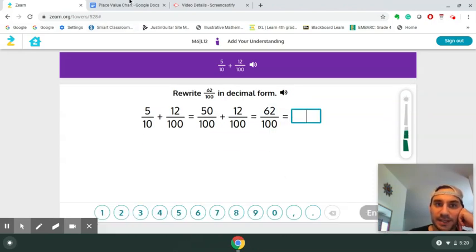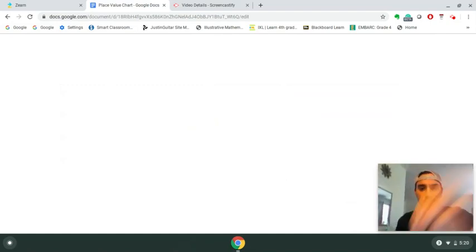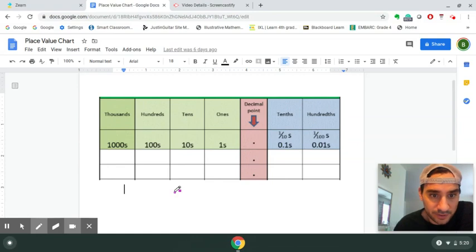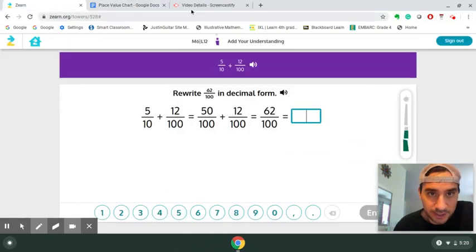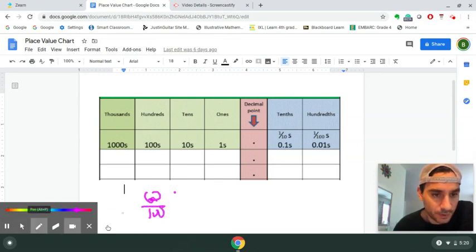Okay, I want to write this in decimal form. Let's use our place value chart just so we can continue to get acquainted with it. All right, we have, let's double check, 62 hundredths. Notice, I don't have any whole numbers out in front. No whole numbers there.